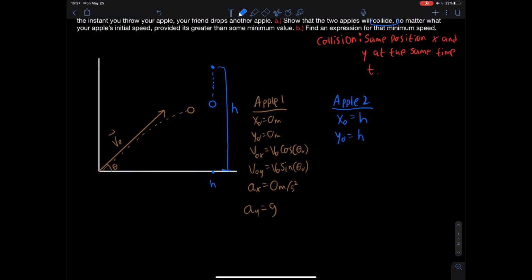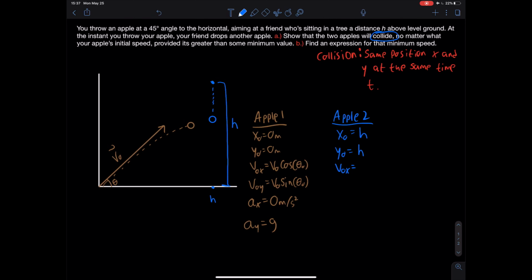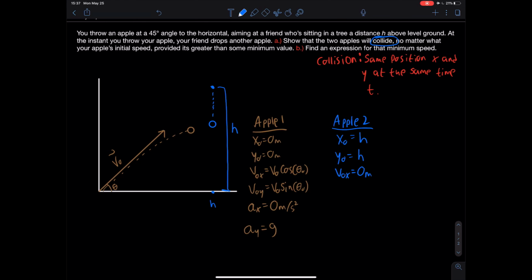All right? Now, his initial velocity in the x direction, the problem says that he dropped an apple up here. So if he dropped it, his initial velocity was 0. Like right when he releases the apple, it's moving at 0 meters per second. So for both the x and the y direction, the initial velocity was 0 meters per second.